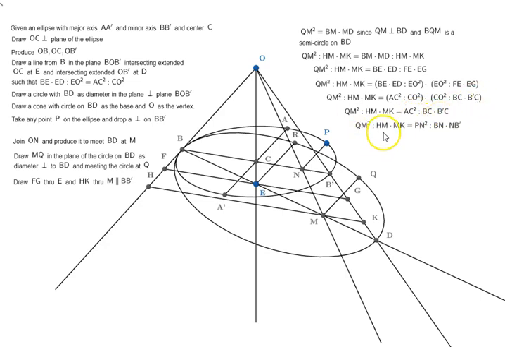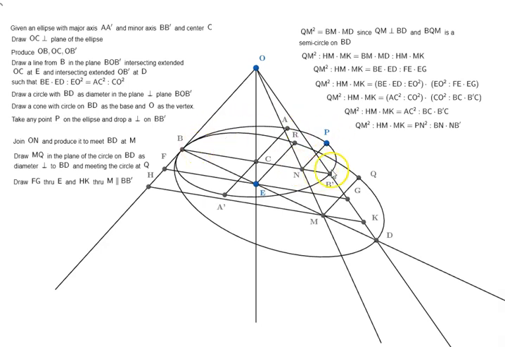Now, QM square is to HM times MK is equal to PN square is to BN times NB prime. Because again, you see, this is AC square is to BC times CB prime. Same semicircle. If we look at NP, PN square is equal to BN times NB prime.